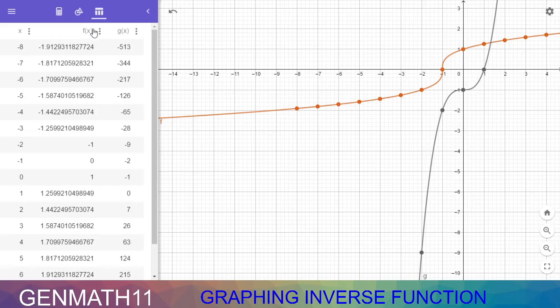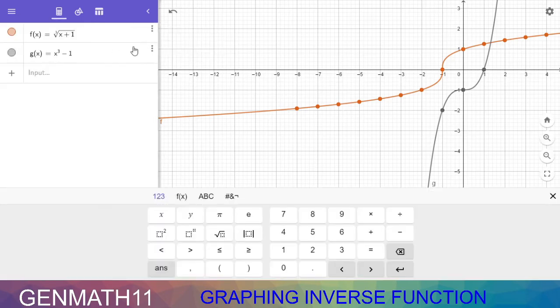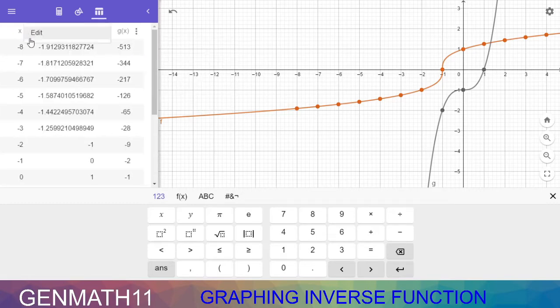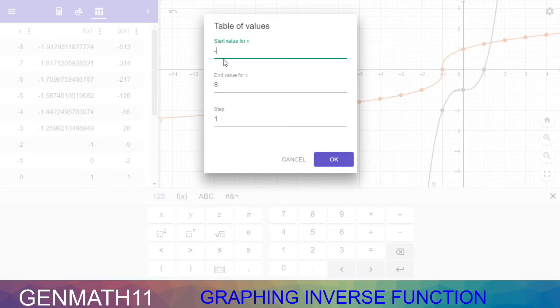So, tingnan natin ha. Change lang natin yung table of values natin. Okay, dito sa x. So, pakita natin ha. Gawin natin siya negative 513. Then, dito, yung end natin is 500. Siguro 513 din. Para mapakita lang natin kung ano yung pagkakaiba ng x nila. Oh, your input would create too many table rows.